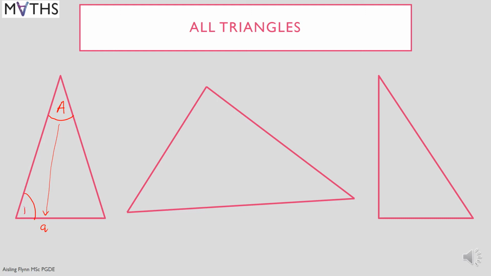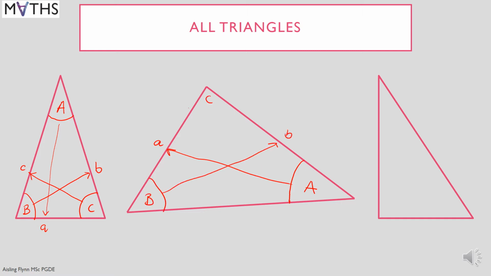If this was angle B, the side opposite it is small b, and the third angle we might call C, and the side opposite it is small c. This is a right angle triangle, but it still applies. Angle of interest, call it A, and the others can be called B and C.